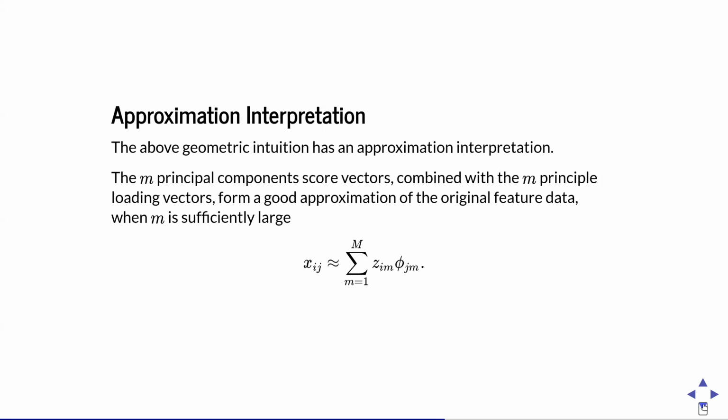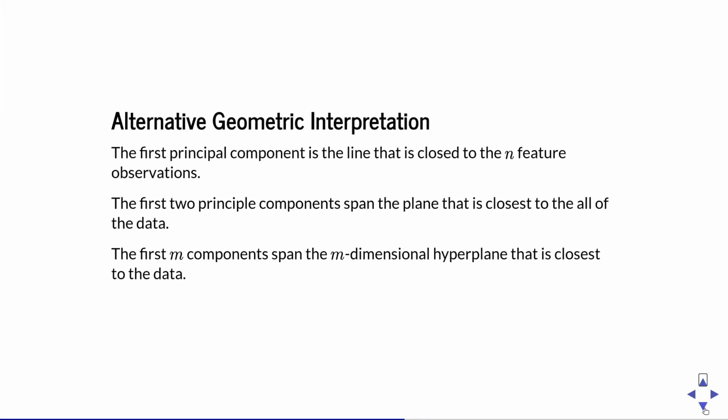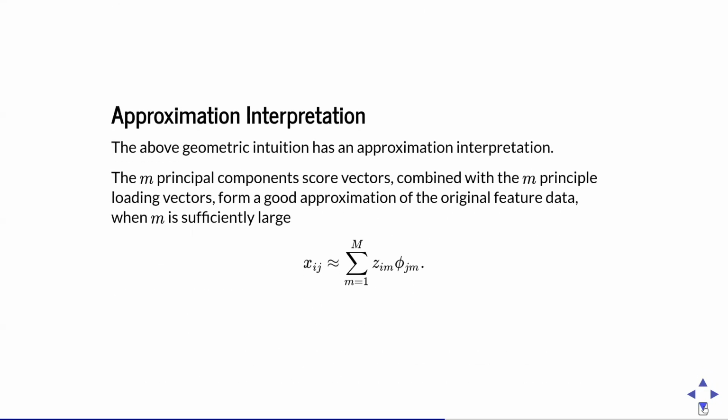And we can also think of this in terms of approximation. If we take this geometric interpretation, we can give it this approximation interpretation. So what it says is the M principal component score vectors combined with the M principal loading vectors form a good approximation of the original feature data when M is sufficiently large.